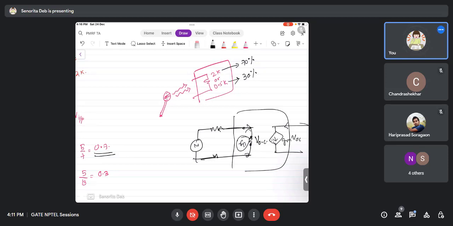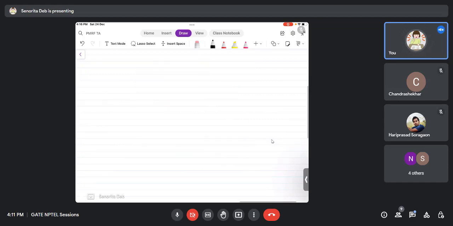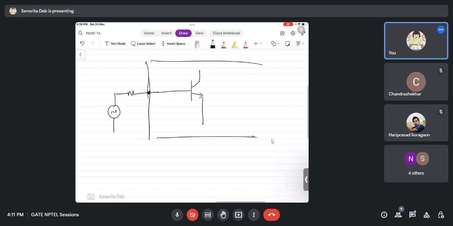So now what I am saying is that if you have a BJT working as an amplifier, so now I am replacing the amplifier with the BJT, right? So now you have the BJT and you have this microphone stuff here, and this is ground.